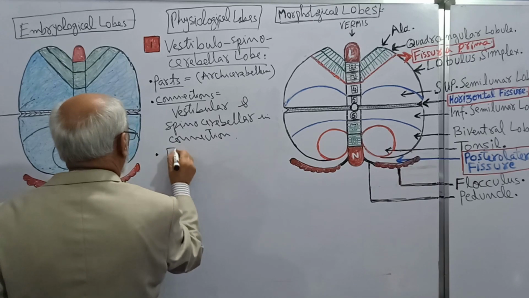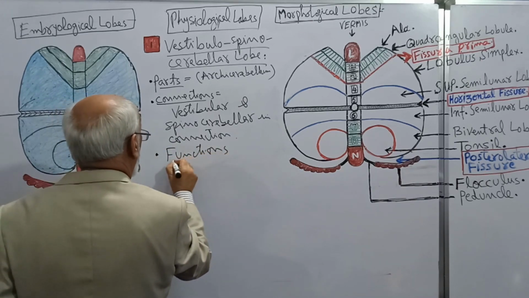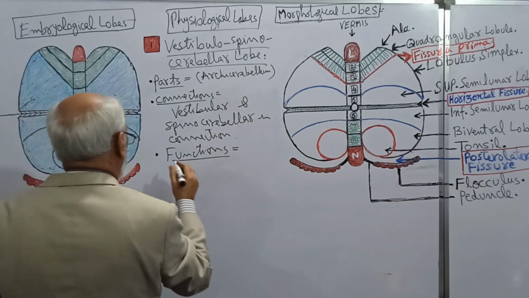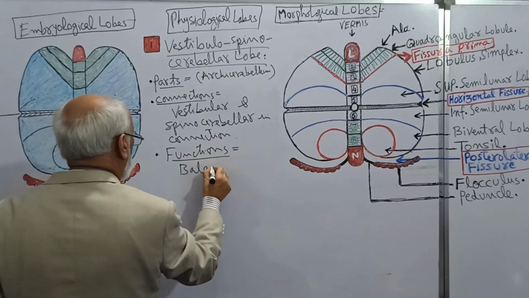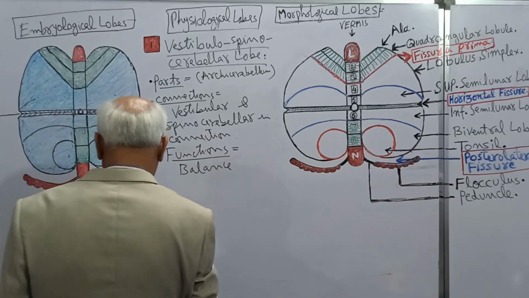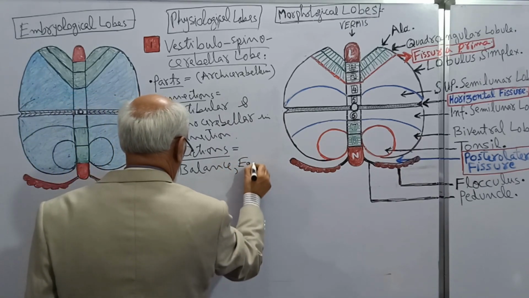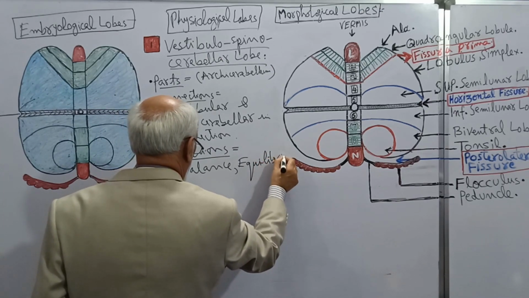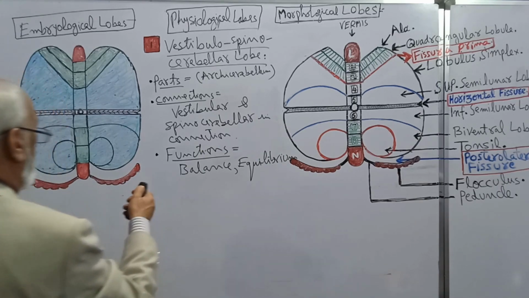Then what are the functions of this physiological part? Functions: they are responsible for balance and equilibrium. These are the functions of this physiological lobe.